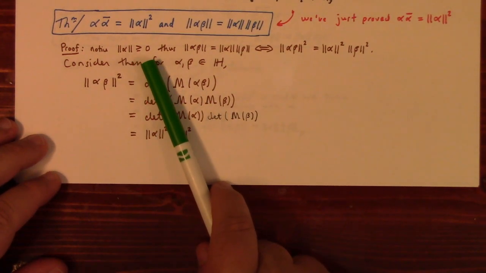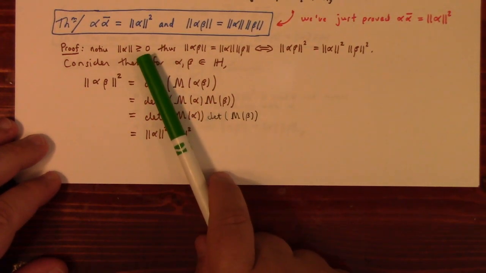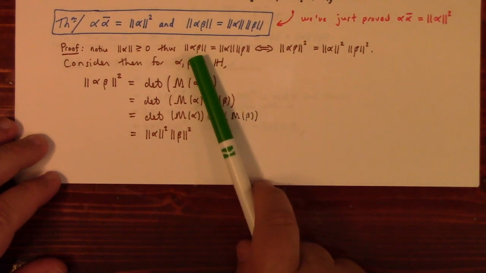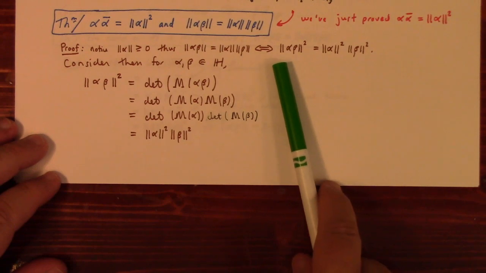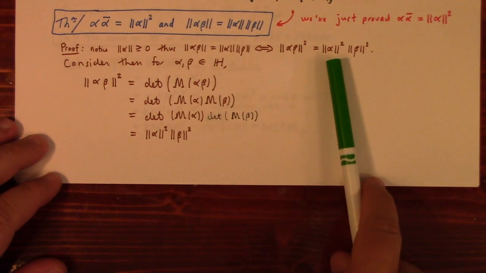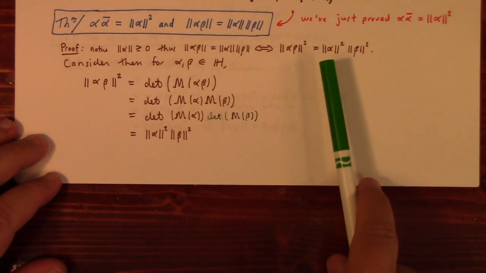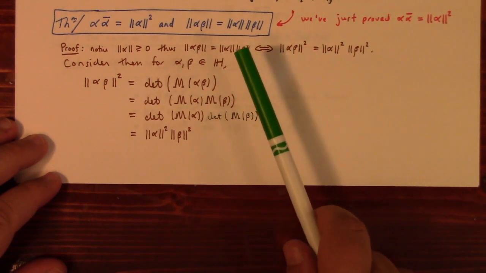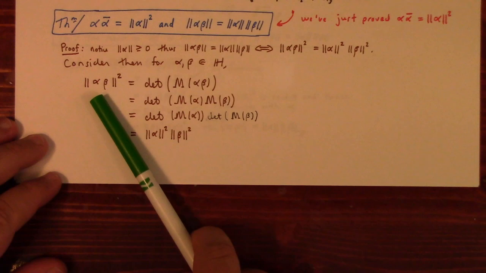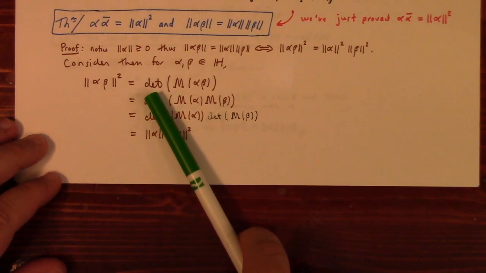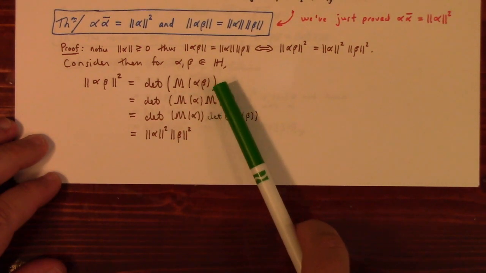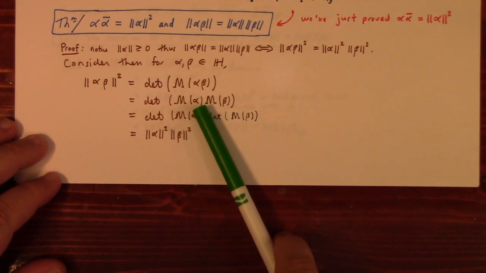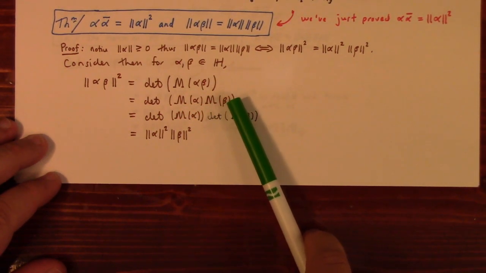So the norm is, of course, not negative. So we can check that the length of the product is the product of the lengths if and only if the length squared is the product of the squared lengths. Anyway, so here it is. Length of alpha beta squared is the determinant of the matrix of alpha beta, but by the thing I didn't prove, but it's true, that's the determinant of the matrix of alpha times the matrix of beta.